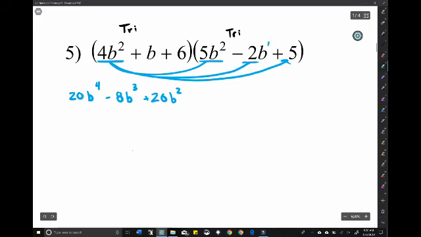Okay, next up, b times 5b squared is positive 5b to the third. Again, gonna line up my exponents. b times negative 2, negative 2b squared, and 5 times 1 plus 5b.